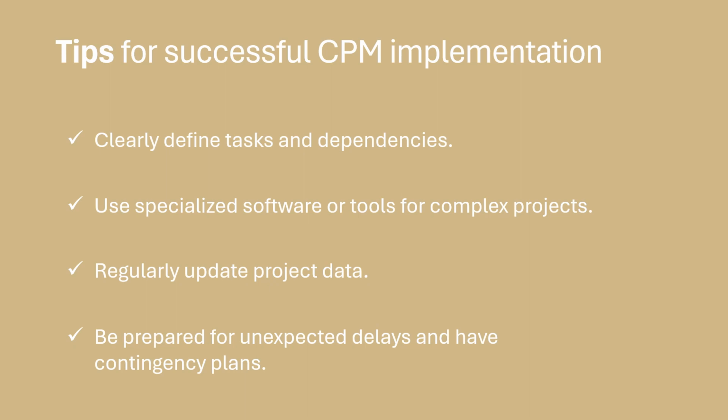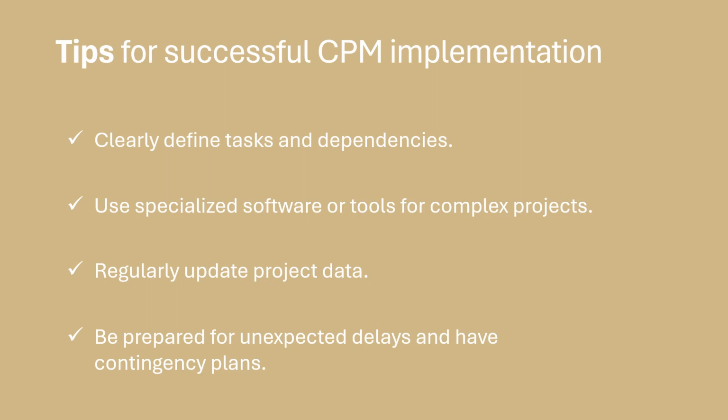Regularly update project data. CPM relies on accurate and up-to-date project data. Regularly update your project information, including task durations, dependencies, and progress. This ensures that your project schedule remains accurate and reflects real-time progress.